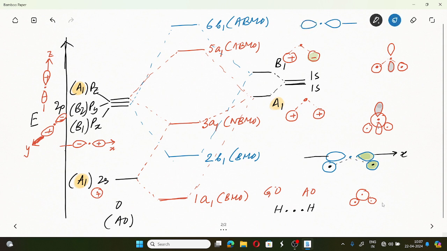So this is the px orbital and this is b1, that means formed by out of phase combination, group orbital.